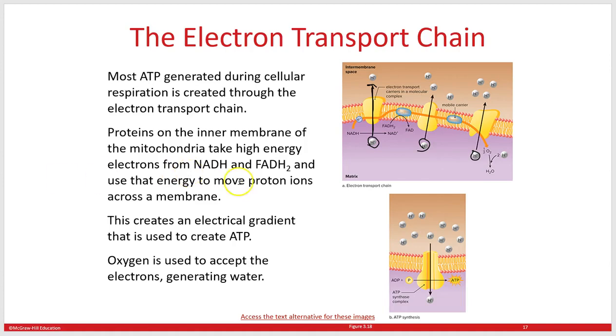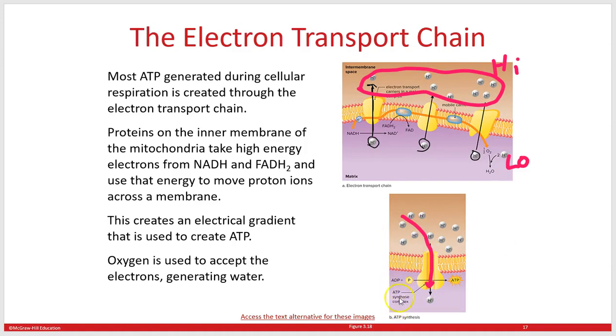Now, because we have pumped all of these protons out here, we've created a concentration gradient where it's high outside and it's low inside. These protons don't want to stay out here, and so they will then flow back through this other protein called ATP synthase.